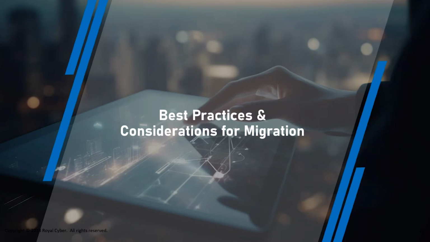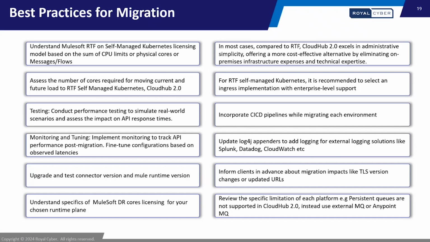So finally, moving to some best practices and considerations for migration. First of all, we need to understand the licensing models that are available. For example, if we are moving to MuleSoft RTF on self-managed Kubernetes, there are different licensing models available based on CPU limits, the number of physical cores, or the number of messages or flows that we consume.